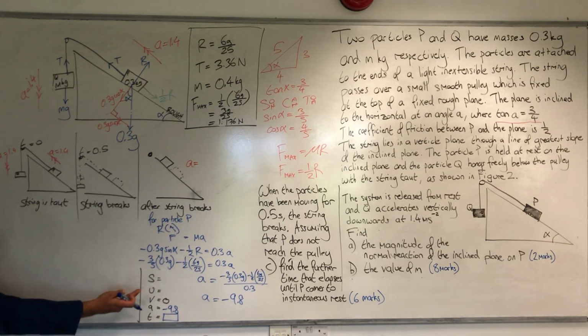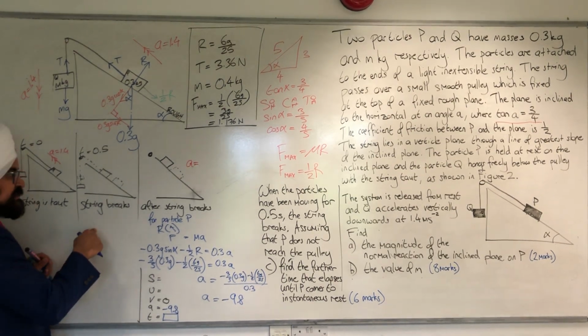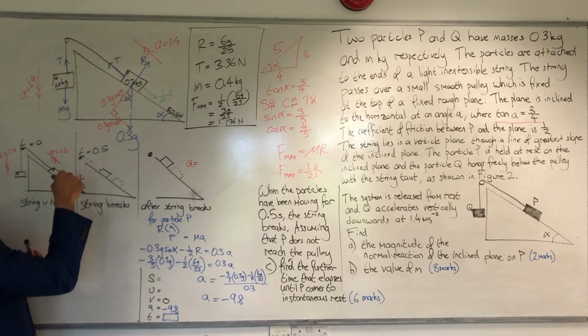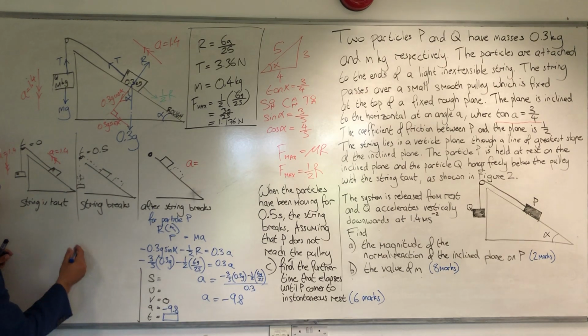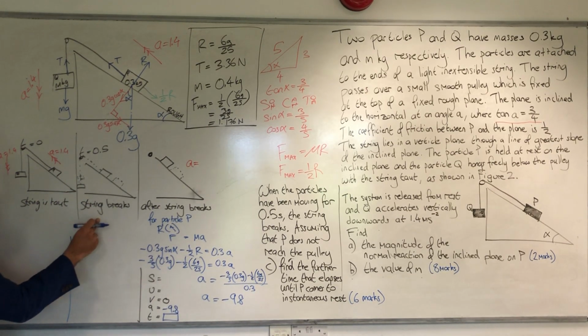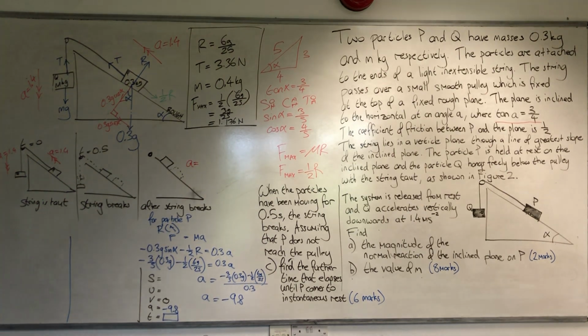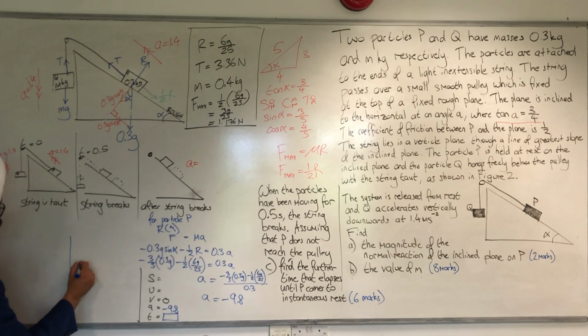That U is going to come from your final velocity at this point of particle Q. So you need to work out what is the final velocity of particle Q when the string breaks. Now listen very, very carefully. I can do that very easily.